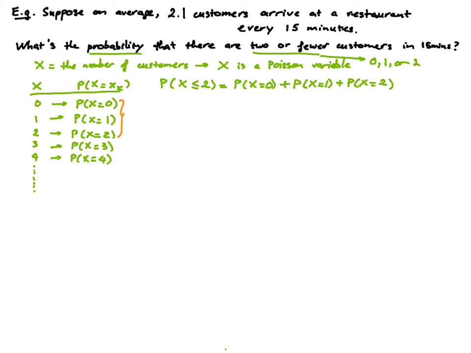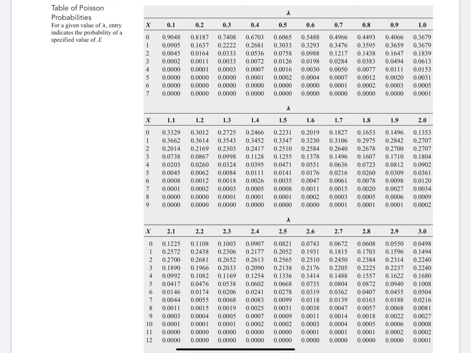And to use the Poisson table, we need to identify the mean number of occurrences. And the problem tells us that that value is 2.1. So 2.1 here is mu, right? So now let's go to the table. What I want to look for is the column labeled 2.1.